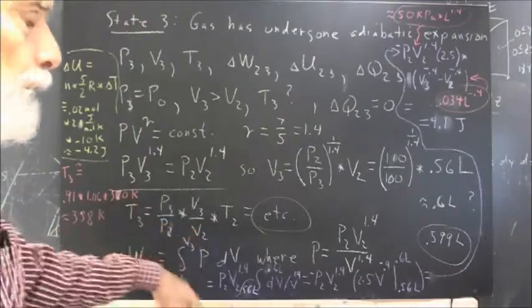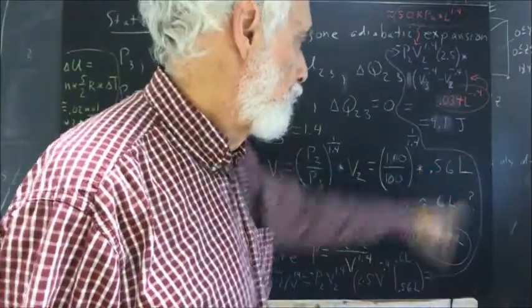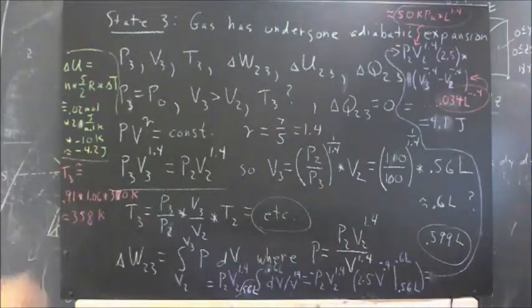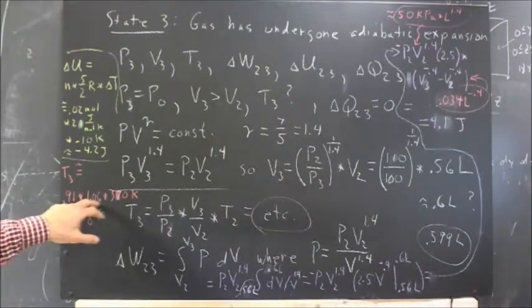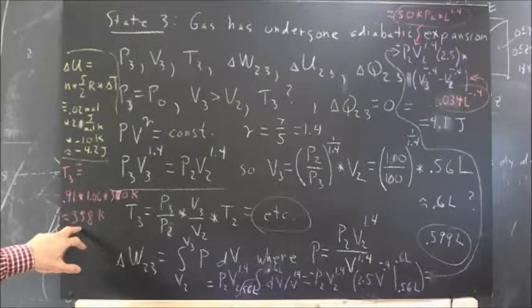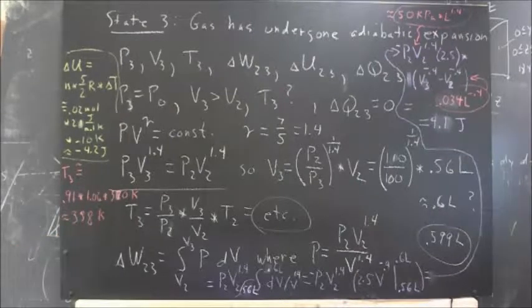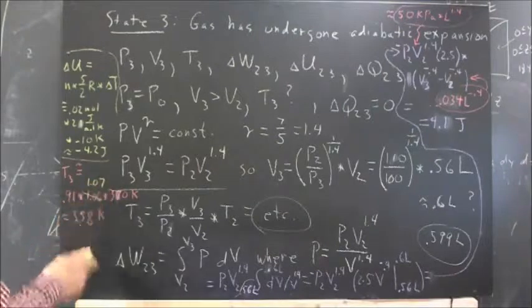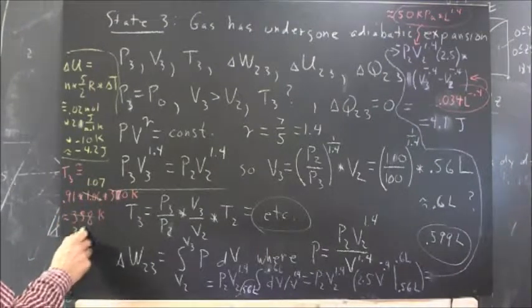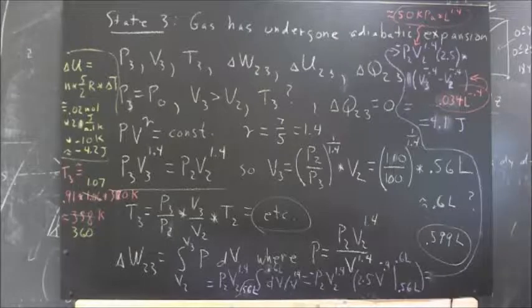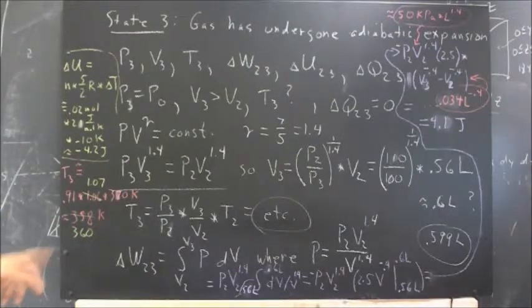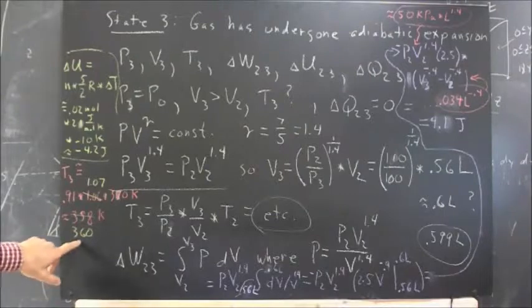V3 over V2 is 0.6 over 0.56, which I estimated to be 1.06. It's actually 1.07. Using these numbers, I estimated the temperature to be 358 Kelvin. The 1.06 should have been 1.07, and the 358 should have been 360, rounded to the nearest whole number. Okay, so that wasn't too far off in the estimate, but this is more accurate.